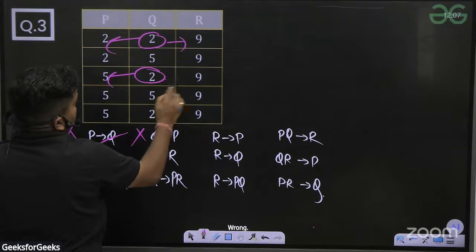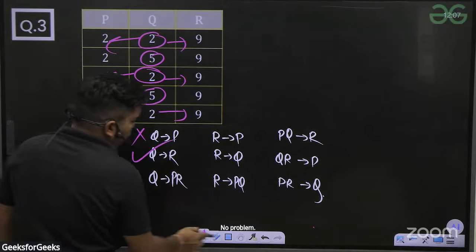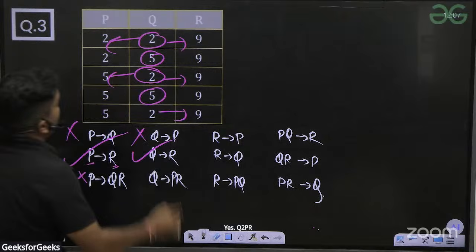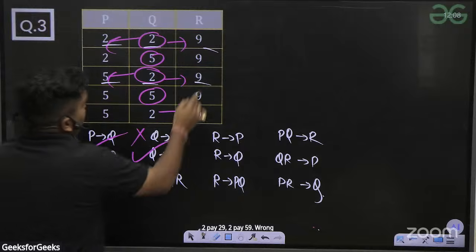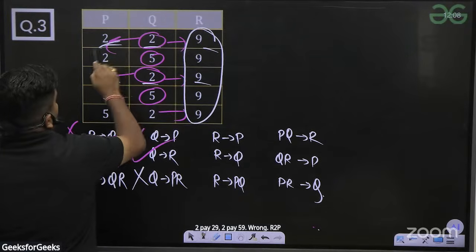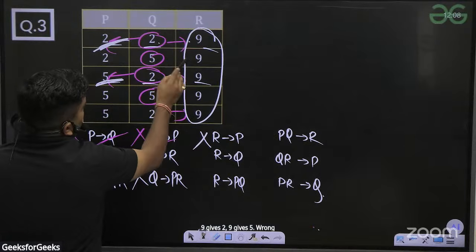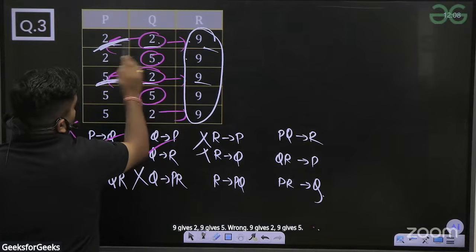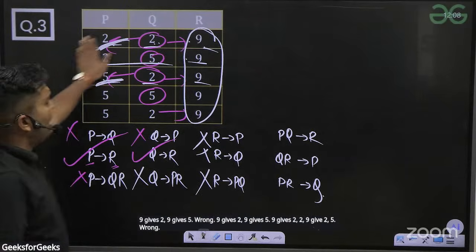Q2R, no problem. Q2PR: 2 gives 2 9, 2 gives 5 9. Wrong. R2P: 9 gives 2, 9 gives 5. Wrong.